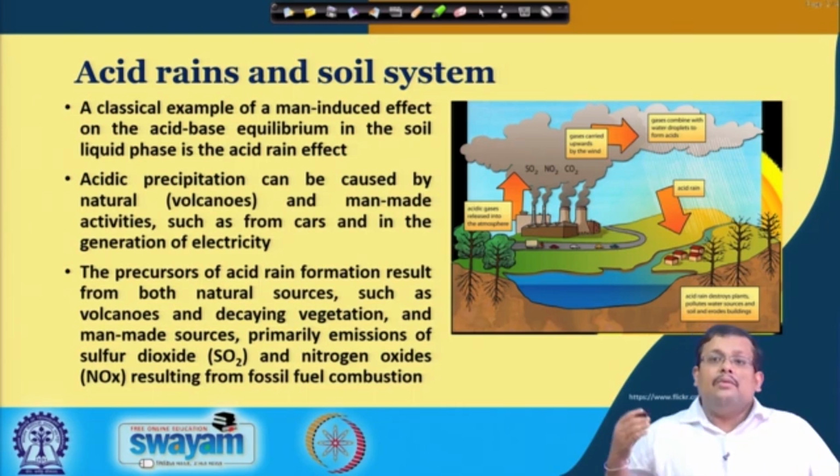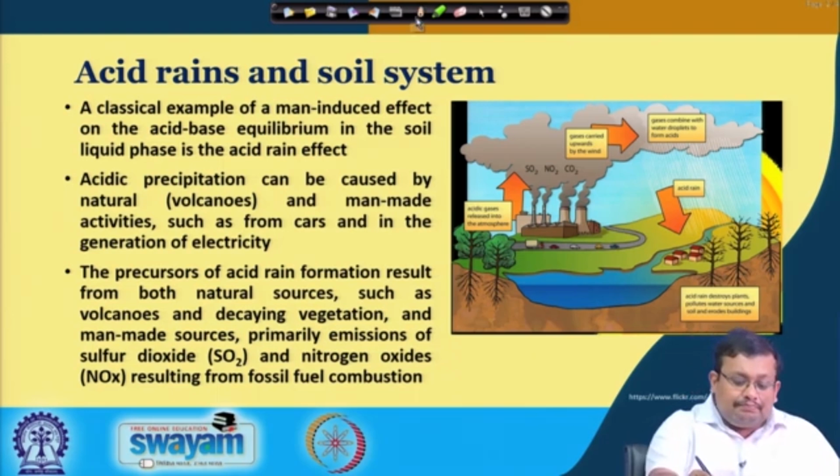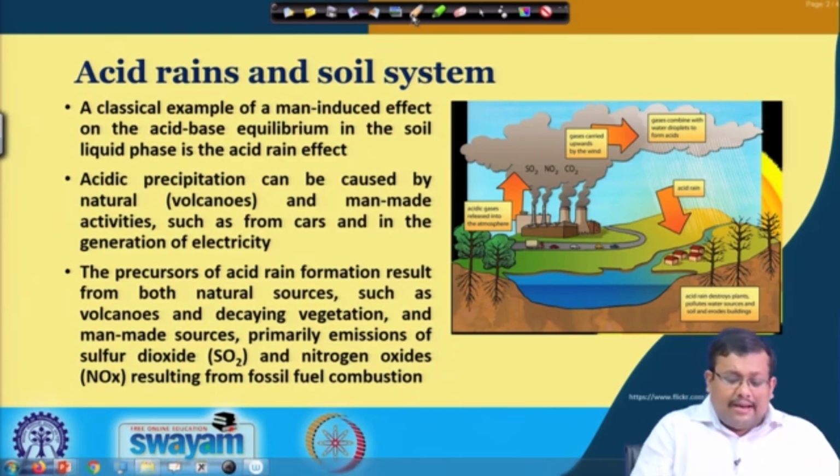Remember that when there is an acidic precipitation, we call it acid rain, and this generally occurs when different gases react with the water vapor present in the atmosphere, creating different acids. Acidic precipitation can be caused by natural volcanoes and by man-made activities.